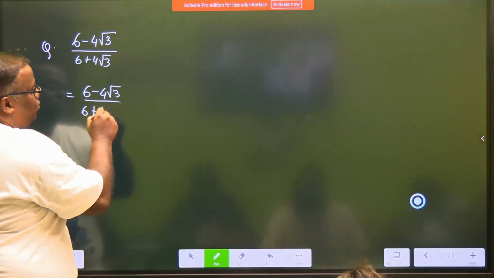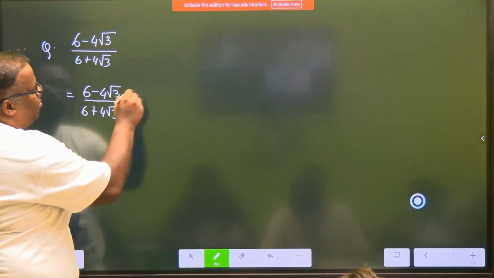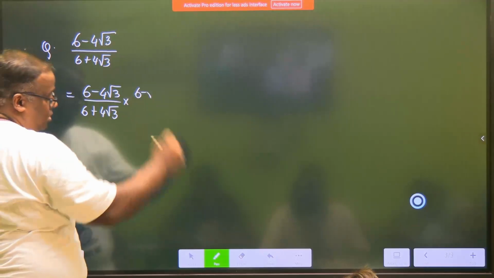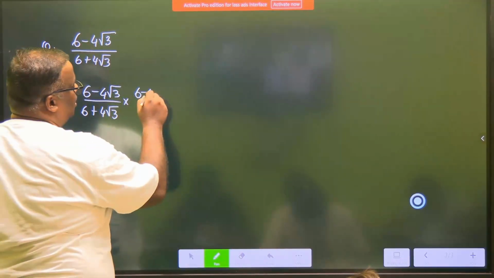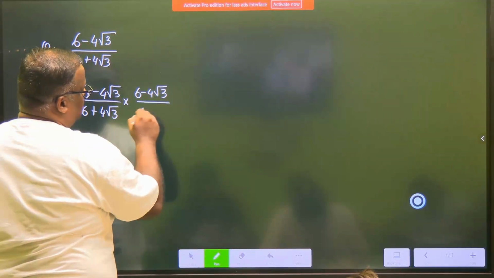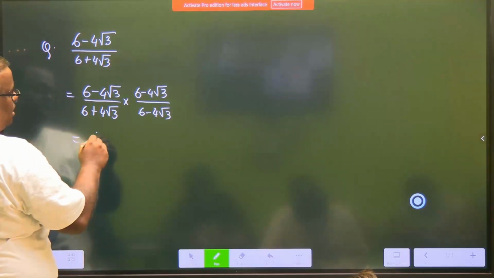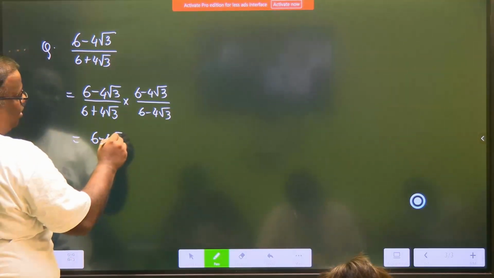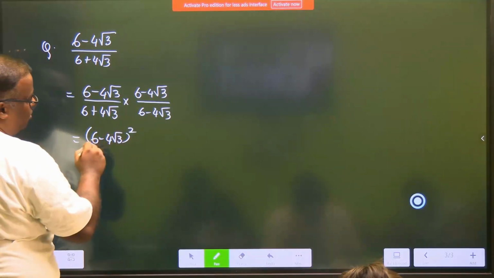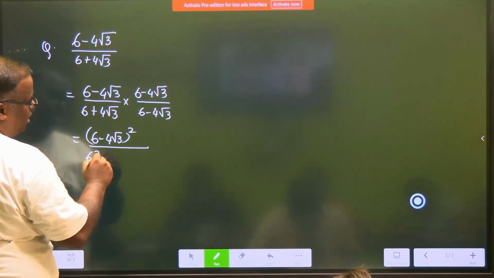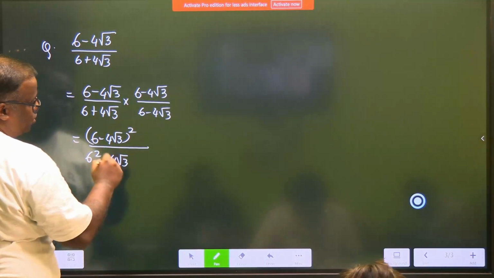So (6 plus 4 root 3) multiplied by (6 minus 4 root 3) multiplied by (6 minus 4 root 3). So on top it now becomes (a minus b) whole square. This is some interesting observation on the numerator. Denominator is a square minus b square.